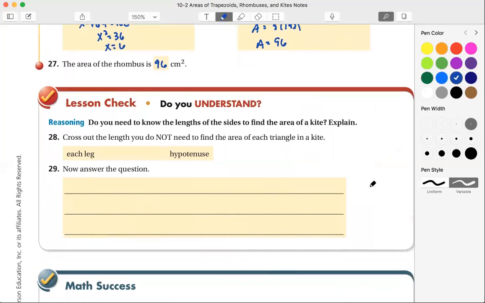Okay, so do you need to know the length of the sides to find the area of a kite? Cross out the length you do not need to find the area of each triangle in the kite. You do not need the hypotenuse. So no. Each side of a kite is the hypotenuse of a right triangle.